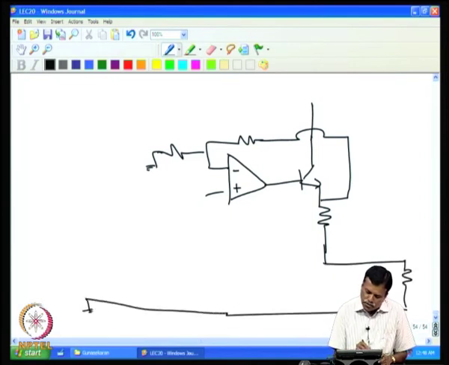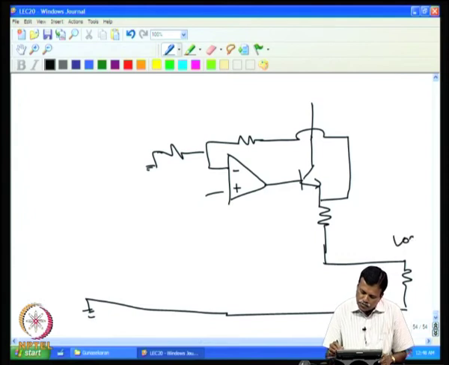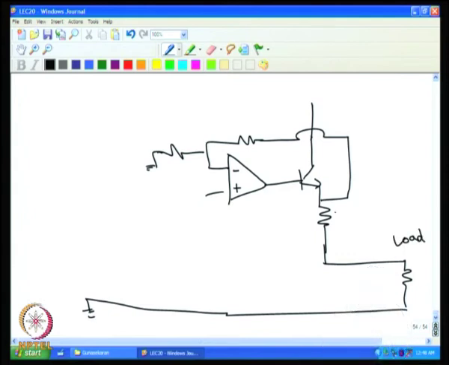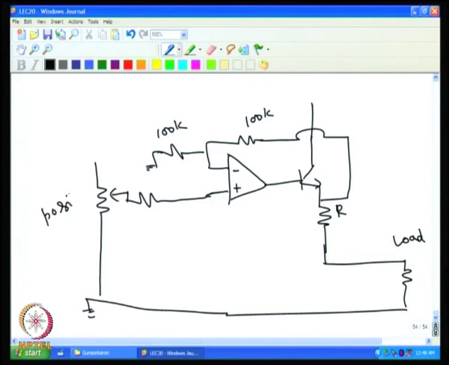This goes back to ground. This is the reference resistance. What you do is, for example, I put equal values here. Then normally, if the potentiometer voltage is to be varied to vary the current, then I put the potentiometer here. This is the position potentiometer.